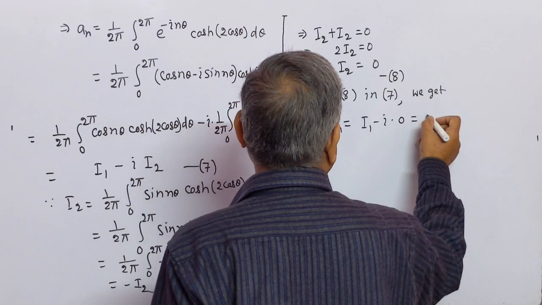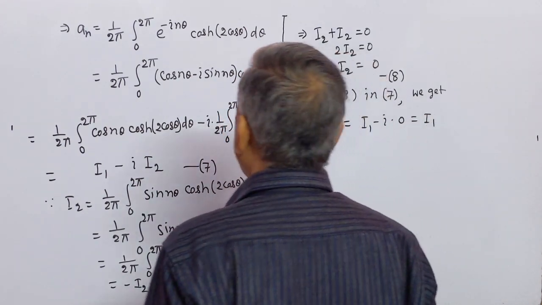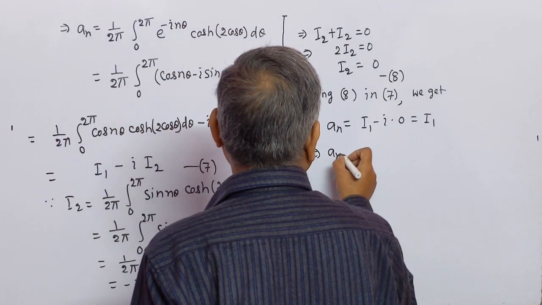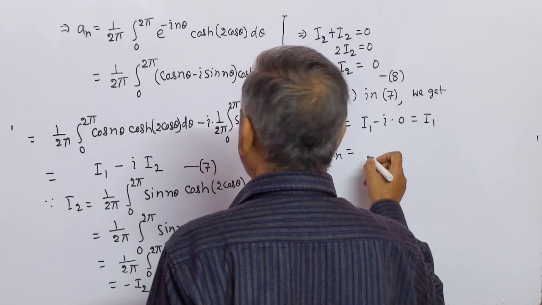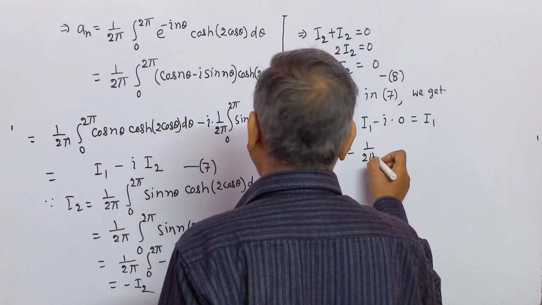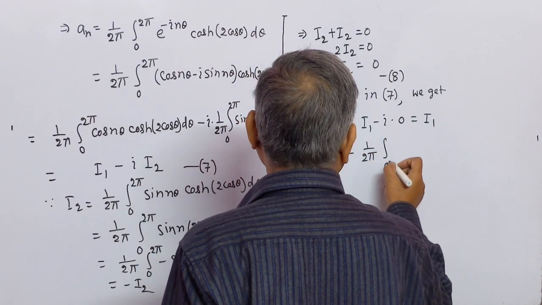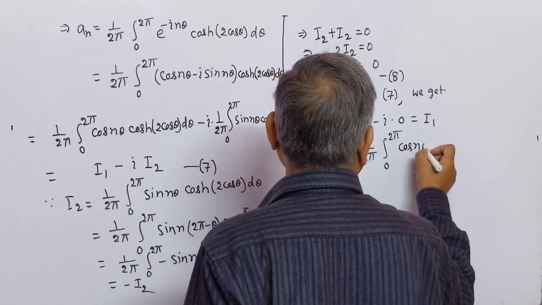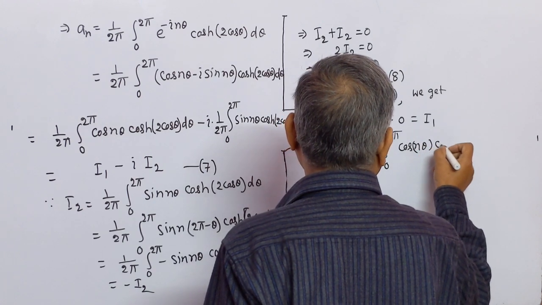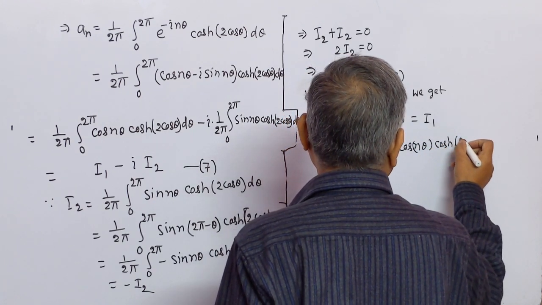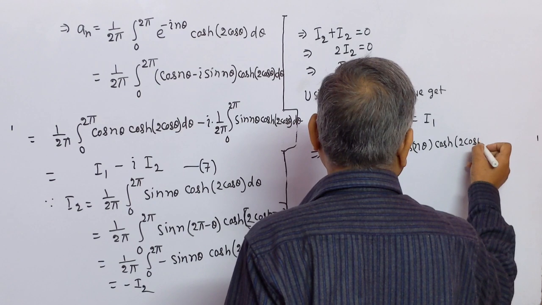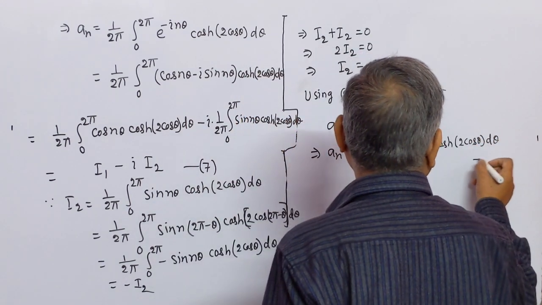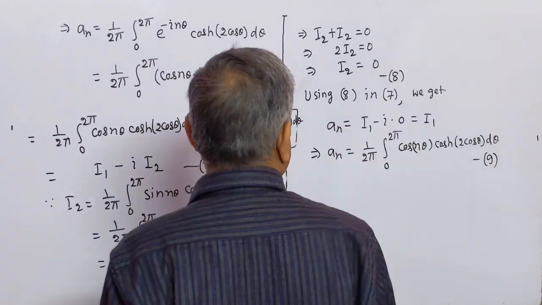This is I1, and I1 implies that an equal to I1, which is 1 by 2 pi integration limit 0 to 2 pi cos n theta cosh(2 cos theta) d theta. This is number 9.